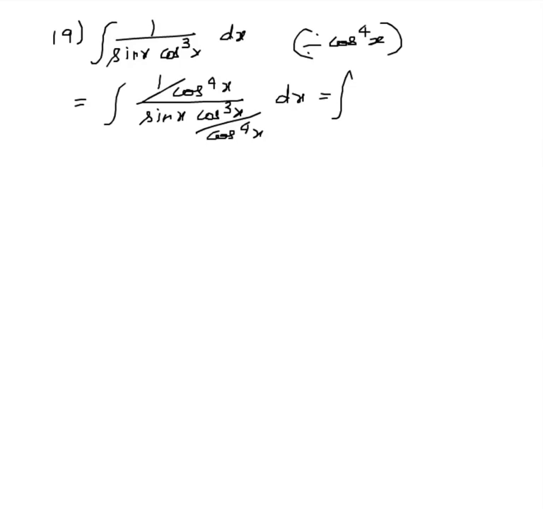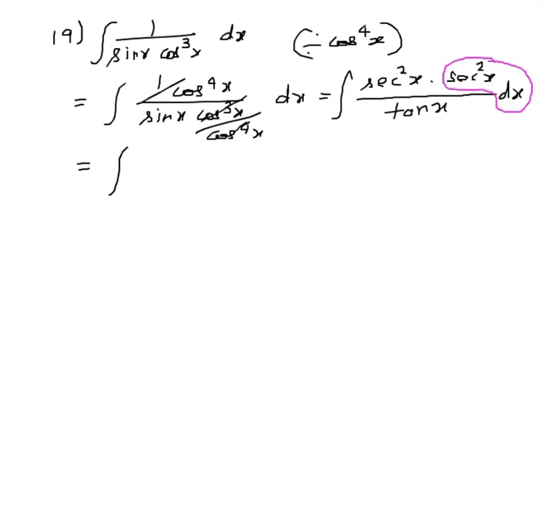The numerator becomes secant power 4, which can be written as secant square into secant square x, divided by the denominator, which becomes tan x. So keep this secant square x dx and change the rest of the function in terms of tan. Easily we can change secant square to tan square.